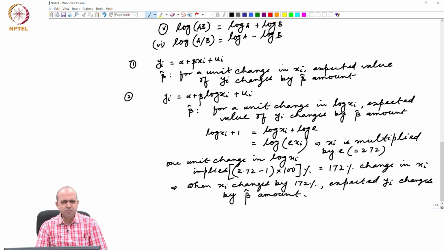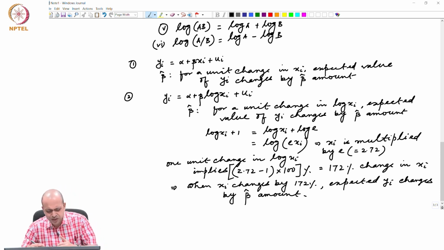But this is also something difficult to understand. When xi changes by 172 percentage, this is not very comfortable for us to understand. Rather, what we want is some smaller percentage change in xi.